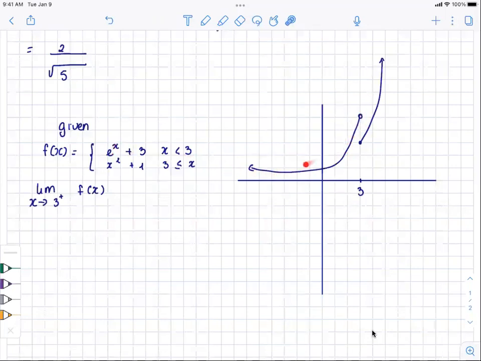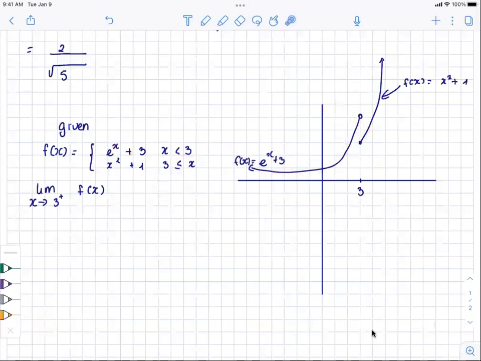So this one is when x is less than 3. So you have e to the x plus 3. f of x is equal to that. But when x is greater than or equal to 3, then you have this function right here, which is f of x is equal to x squared plus 1.